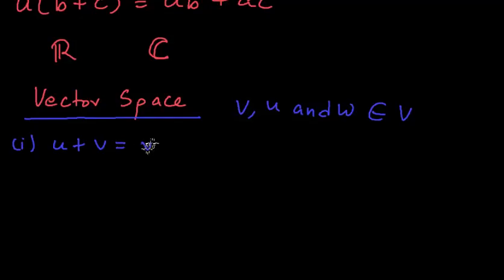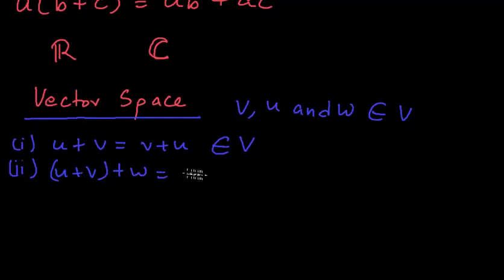u plus v equals v plus u, commutative addition, and the sum belongs to the vector space. It's called the closure property. Associative under addition: (u plus v) plus w should equal u plus (v plus w). And we have the same property for the scalar multiplication.